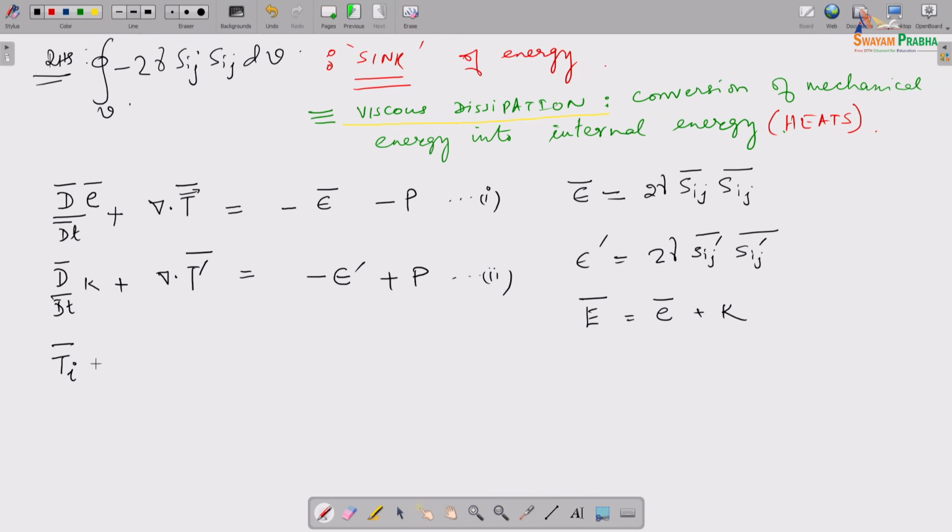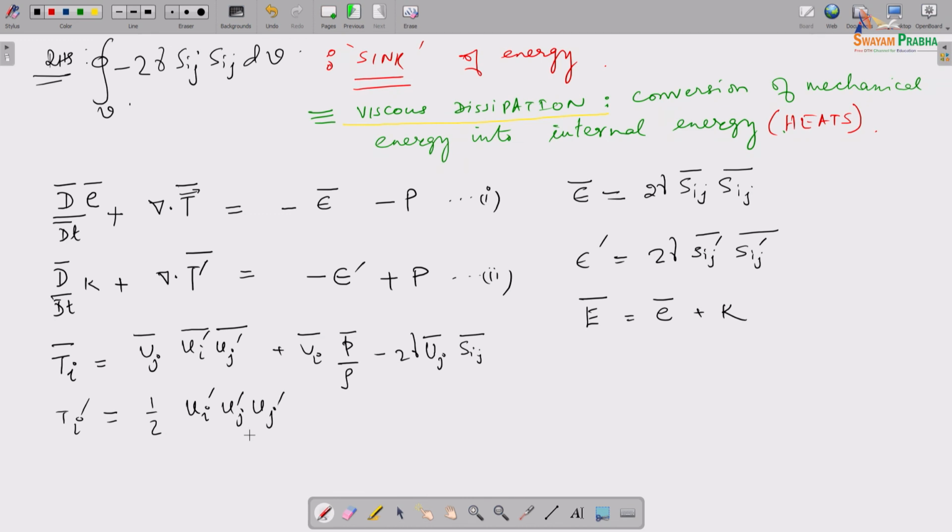So Ti mean is equal to that, and Ti, the fluctuating part, is that.